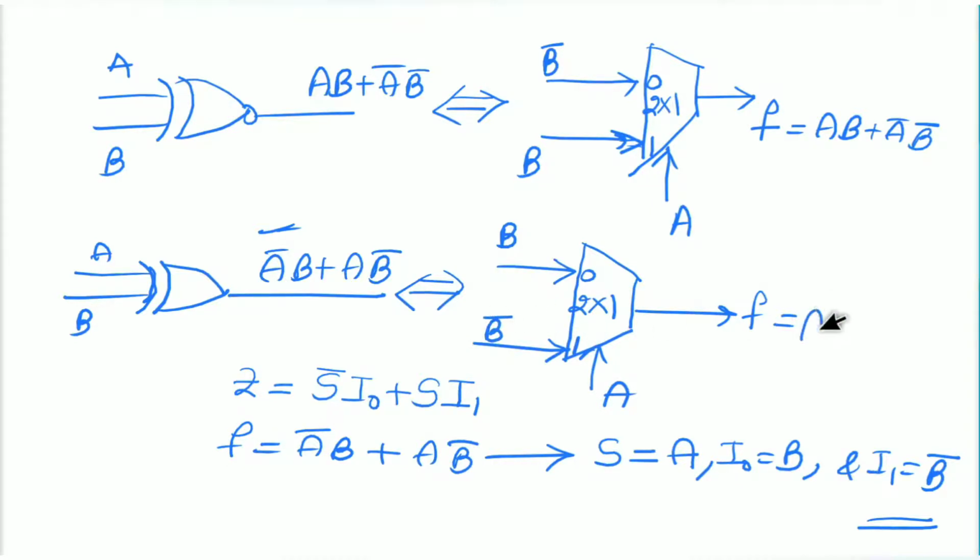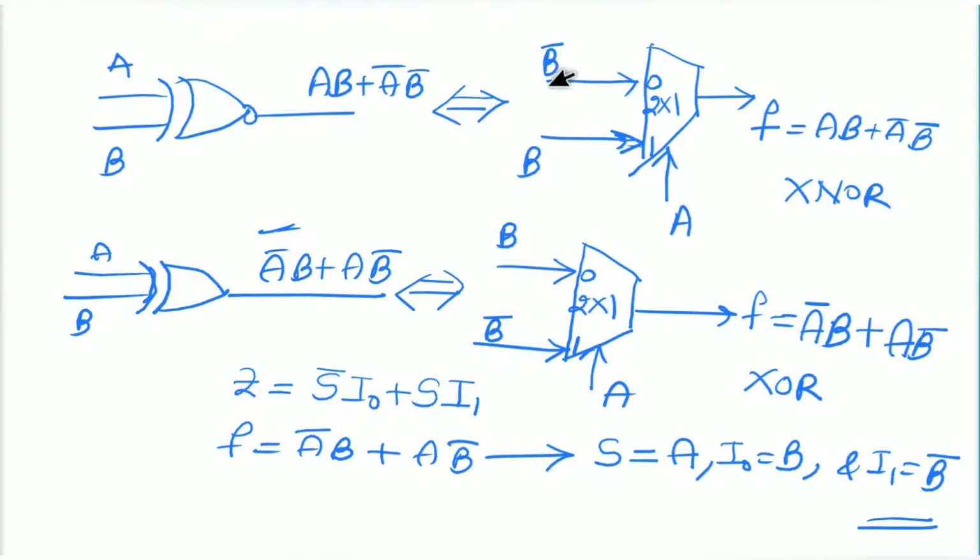So whenever the selection line is 0, the output is B. Whenever the selection line is 1, that is A, the output is line number 1, that is B bar. So this is your XNOR, and this is your XOR realization using a 2:1 mux.